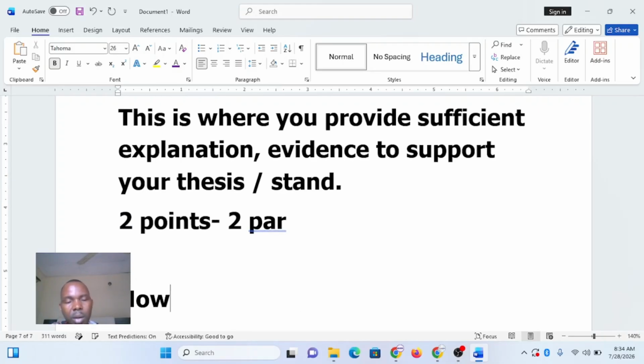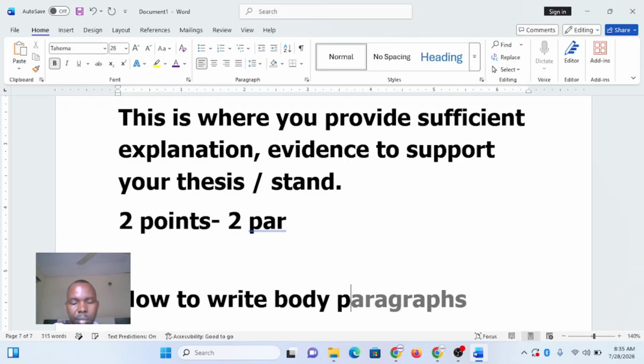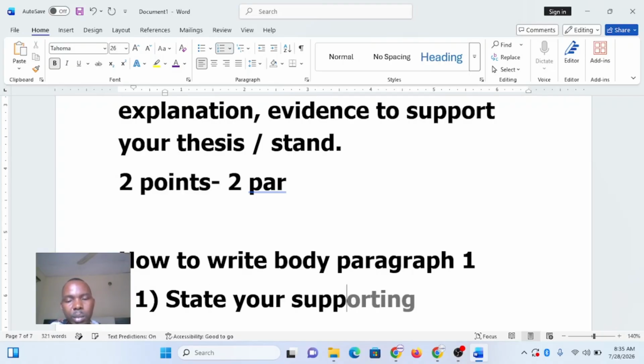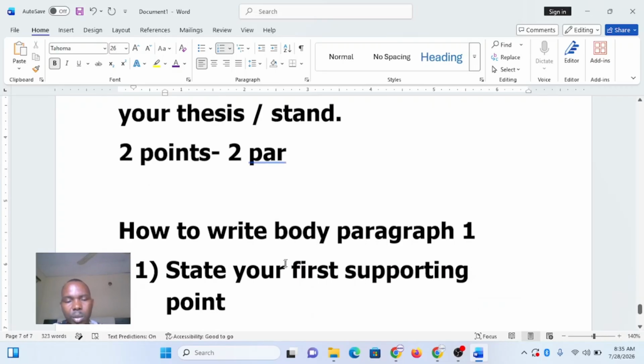So let's see how to write body paragraph 1. Let's take it one by one. The first thing you will do is to state your supporting point. If it is opinion, state your first supporting point.